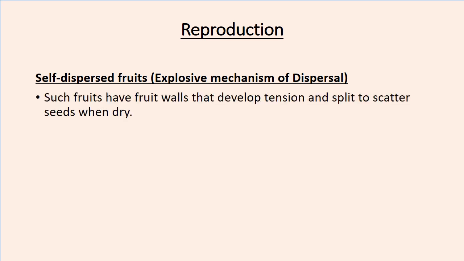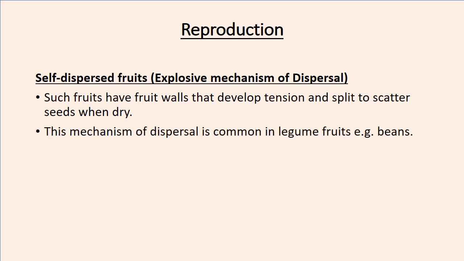Finally, we have self-dispersed fruits, also called explosive mechanism of dispersal. These are fruits that develop tension and split to scatter seeds when dry. As they are drying, they develop tension and they just scatter the seeds, in the process throwing the seeds away from them.